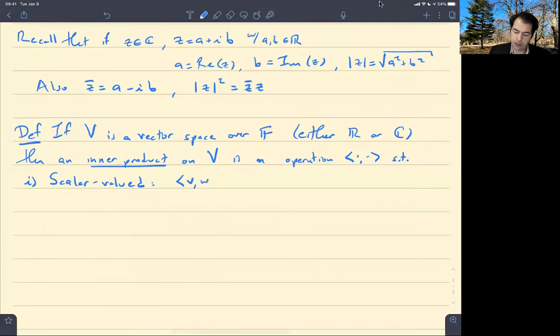Right, so the inner product of two vectors is an element of the field for any two vectors in the vector space.